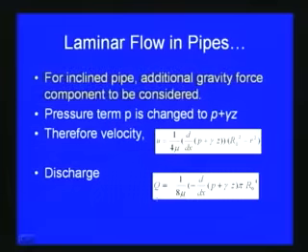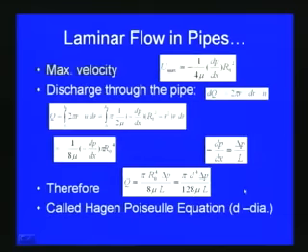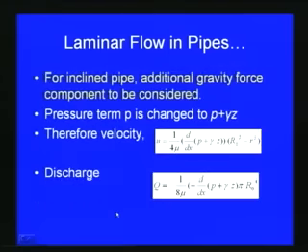As we have seen, the dp by dx term, the pressure term, will change to P plus gamma Z. So, the discharge term we can rewrite from our earlier equation for Q: Q is equal to 1 by 8 mu minus d by dx of P plus gamma Z into pi into r0 to the power 4, where r0 is the radius of the pipe.